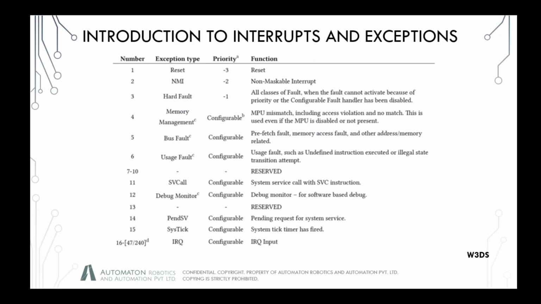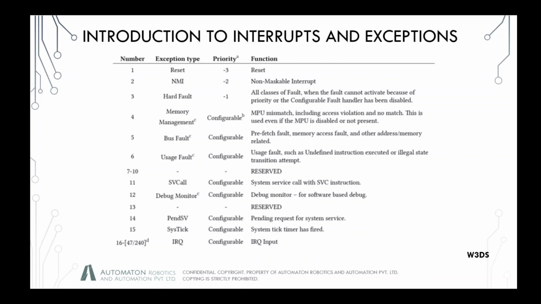Okay, then you have the memory management fault, and this generally is going to happen when we try to access a non-usable or an illegal location. So if you have a memory capacity of 64 kilobytes, and you want to access the 65th kilobyte, then it's going to throw a memory management exception. Or if you are trying to access something which does not have a read or write permission, again there's going to be a memory management fault.